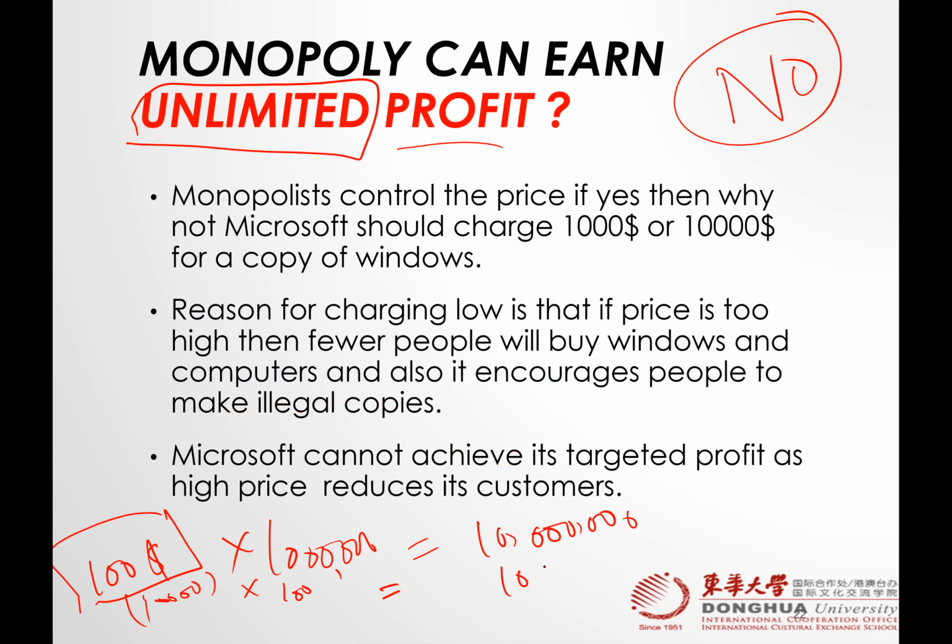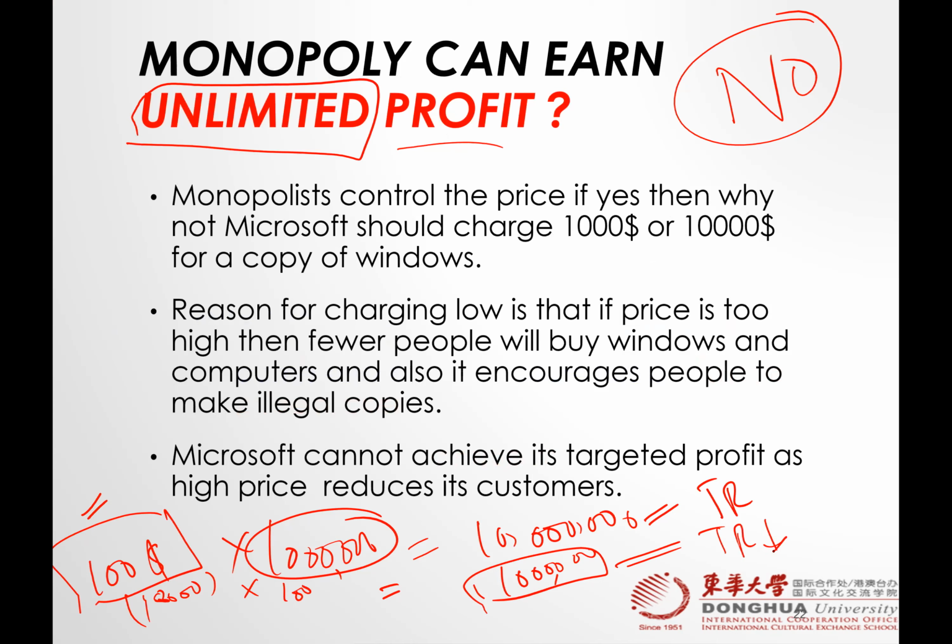Answer would be only 1 million. Look at that. If they are charging $100 per copy, their sales are going to be 1 million, and their total revenue is going to be 10 million. They increased the price, and what happened? The total revenue dropped to only 1 million. So it means they have control over price, yes, but they cannot control their total revenue or profit.